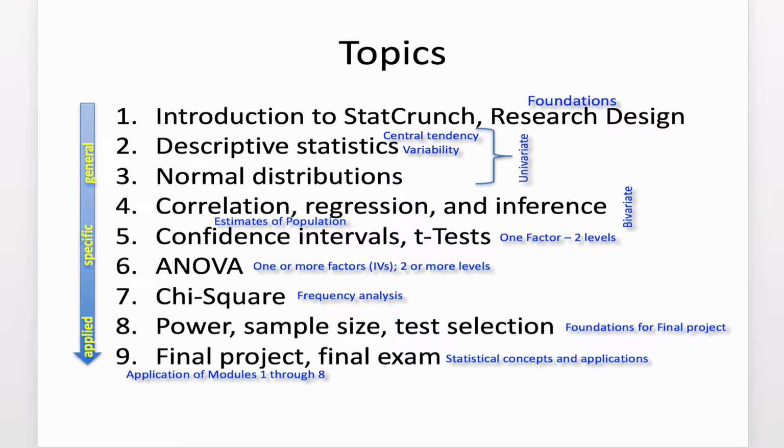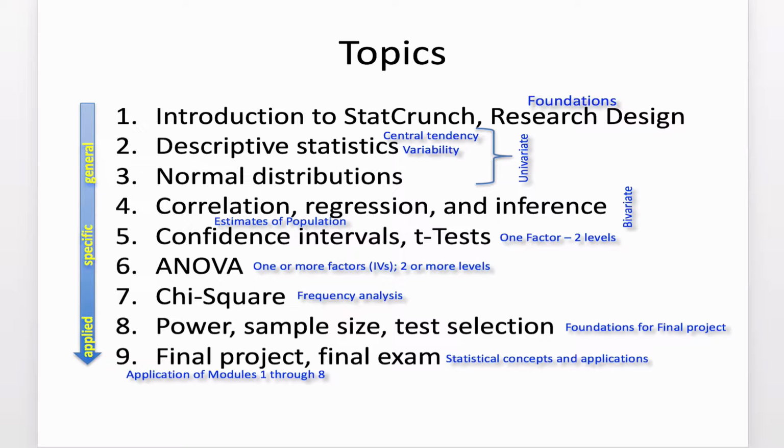So let's review the topics that are covered in this course. You'll see on the left side that there's an arrow that begins at general. In the middle, it's specific. And then at the end, it's applied. The first few topics in this course are general in nature. It's an introduction to StatCrunch, which is the software application that you're going to use.